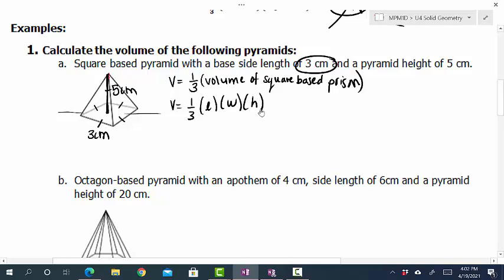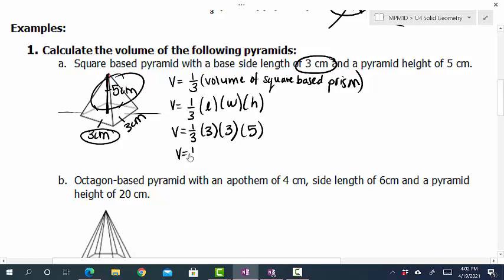So, let's now calculate the volume of this pyramid. The length of the base is 3. The width of the base is also 3 because it's a square. And the height of the pyramid is 5. Let's go ahead and simplify this. 3 times 3 is 9, times 5 is 45.